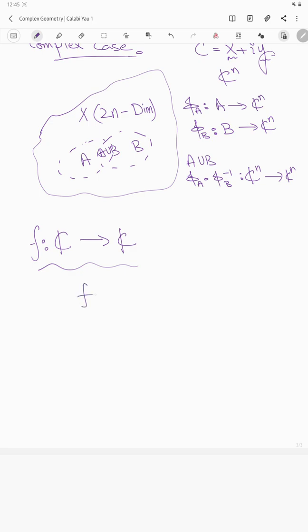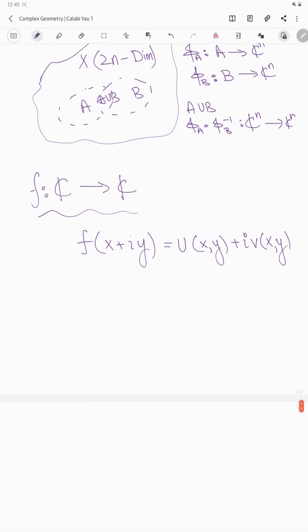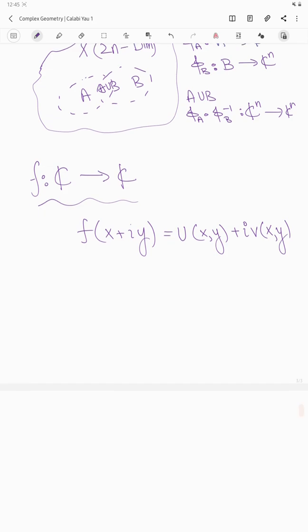That is f of x plus iota y, which is equal to u, a function of x and y, plus iota v, a function of x and y. And this function satisfies the, I'm sorry, I don't know how to pronounce it, but I hope I get it right, the Cauchy-Riemann equations, right?